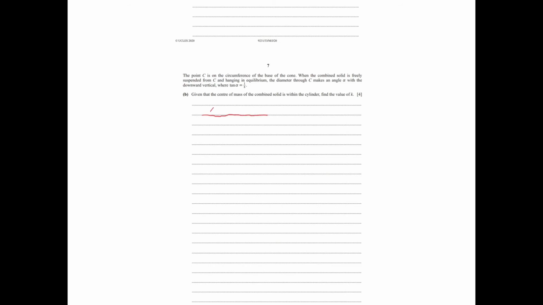I draw the ceiling, and this is where we hang the composite solid at point C. So this is point C. The triangle is the cone, and the rectangle over there is the cylinder.